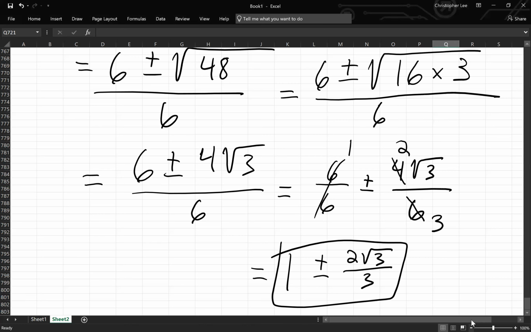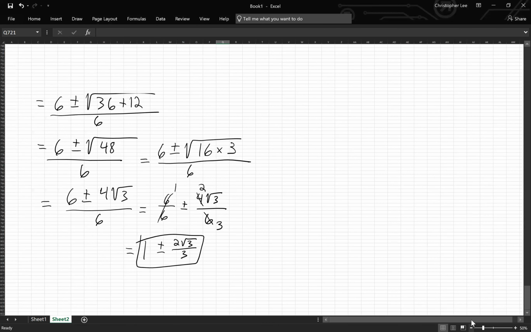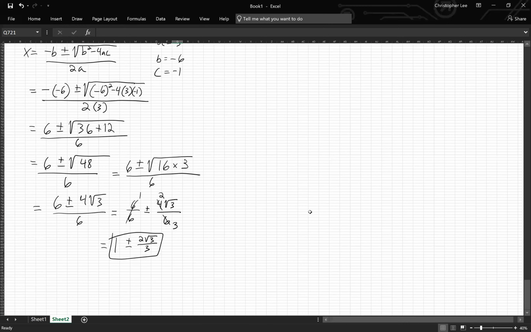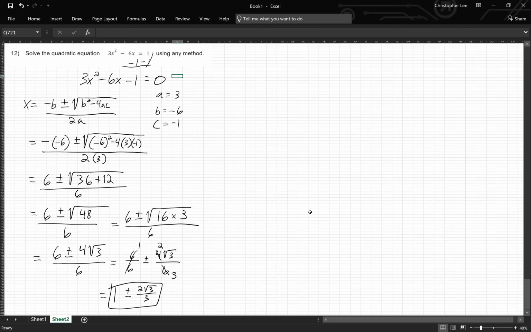All right. So, yeah. The 6 on the denominator is actually being divided by both the number in the front and the number after. So 6 divided by 6 plus or minus 4 square root 3 over 6. Yeah. That's true all the time.